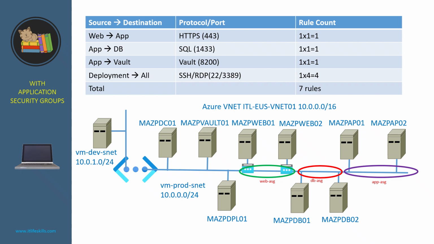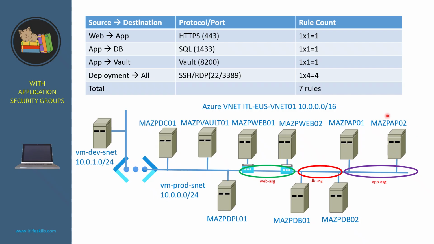For example, to allow the 2 web servers to access the 2 application servers, we just need to create one rule that utilizes the web ASGs as a source and the app ASGs as a destination.